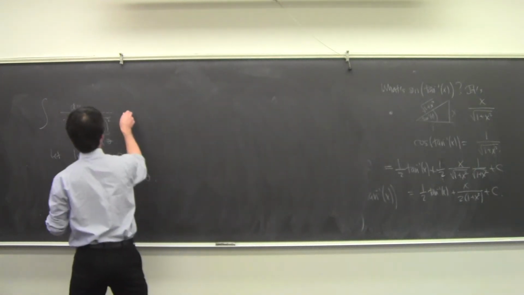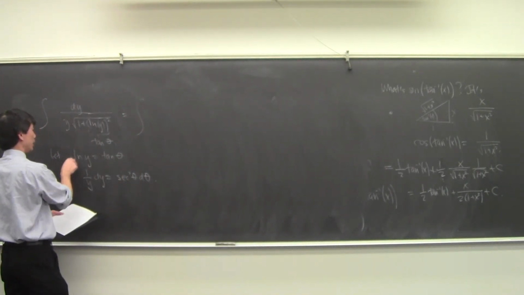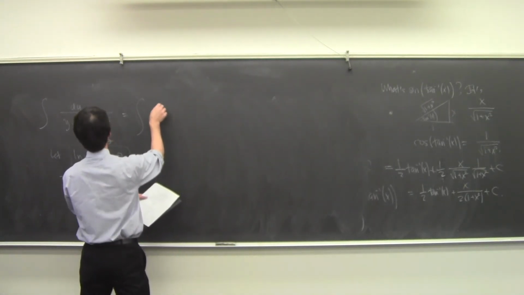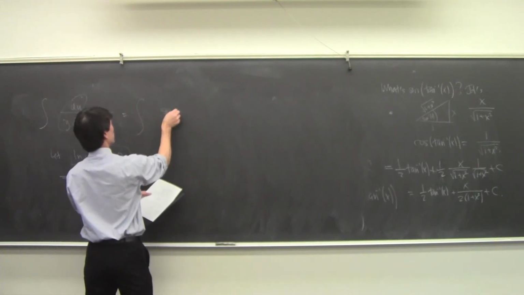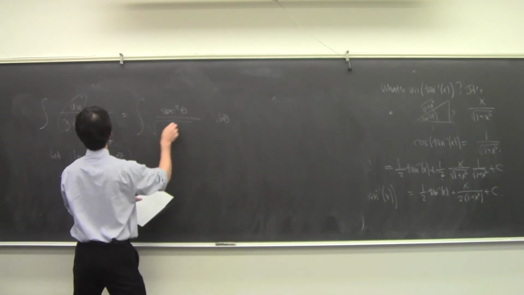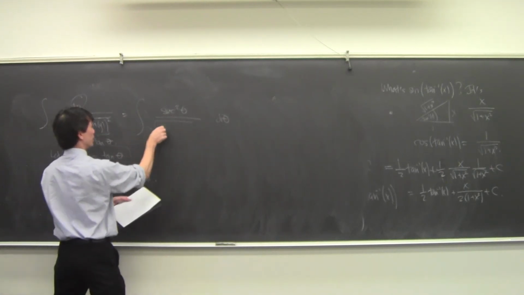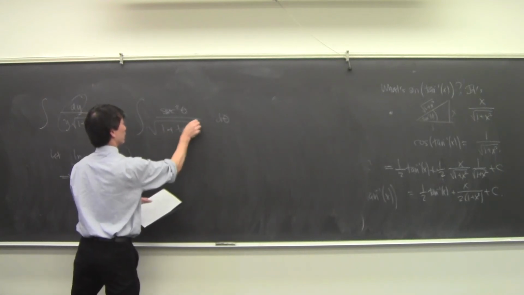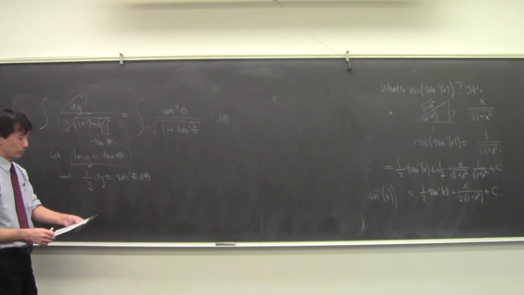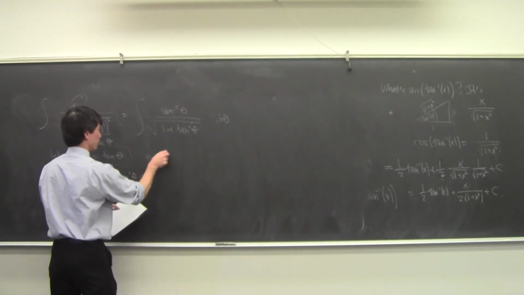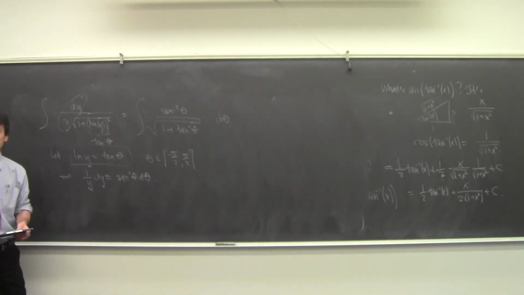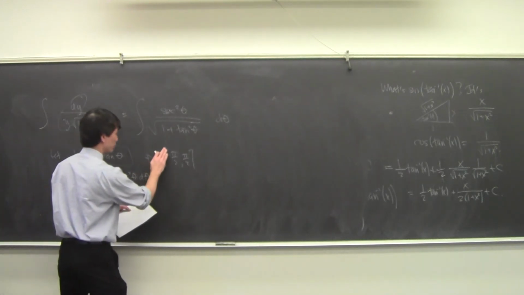Now let's switch it over using our substitution. This dy over y changes into secant squared theta d theta. Our 1 plus natural log squared turns into 1 plus tangent squared. And again, because we're using the arctan, theta lies between negative pi over 2 and pi over 2, but non-inclusive.